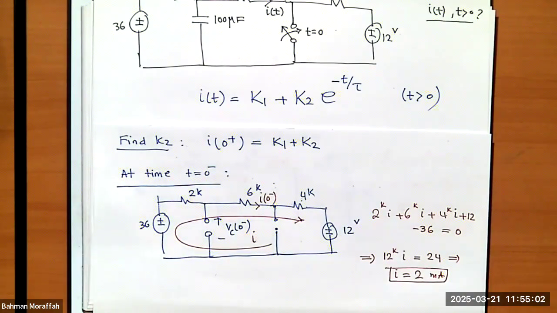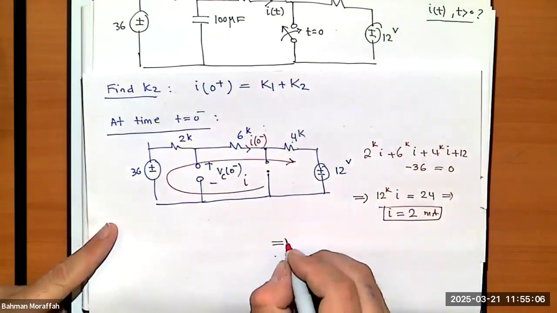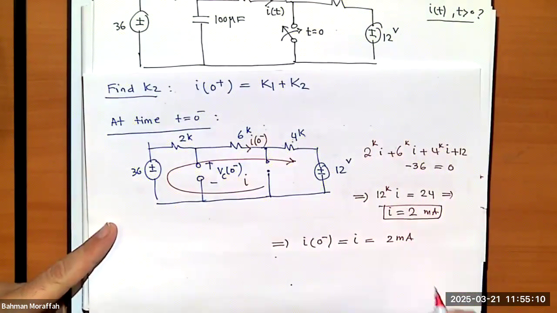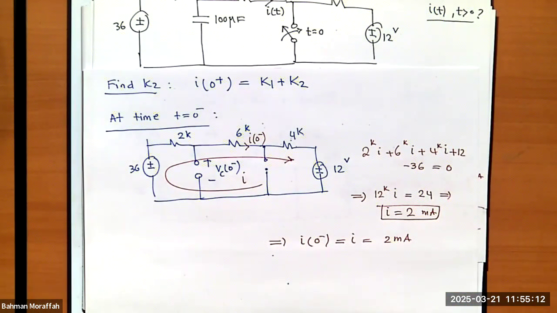It's just a KVL. Which again tells us I at 0 negative is the same as I, and it's 2 milliamps, right? Well, still not done yet. You still have to find VC at time 0 negative.